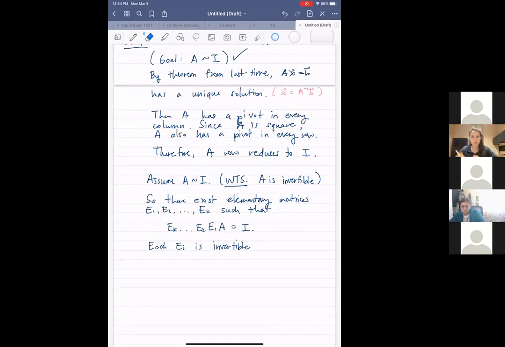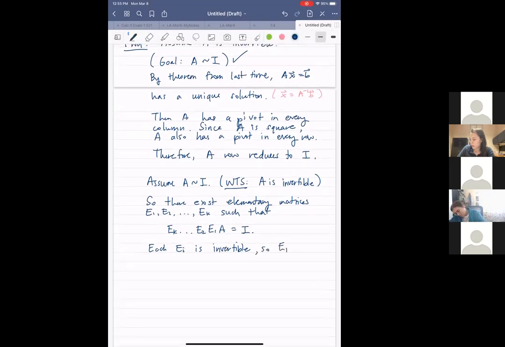So if the product of two invertible matrices is invertible, then also the product of three invertible matrices is invertible, and so on. So the product of any number of invertible matrices is in fact invertible. So this means this entire product, EK up to E1, is invertible.